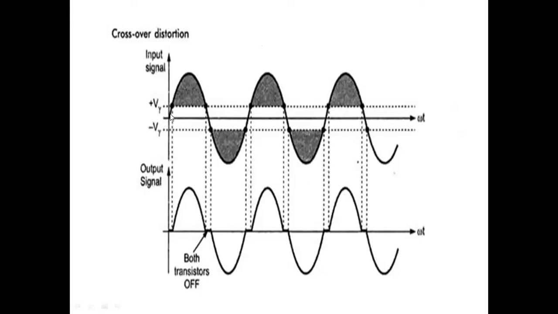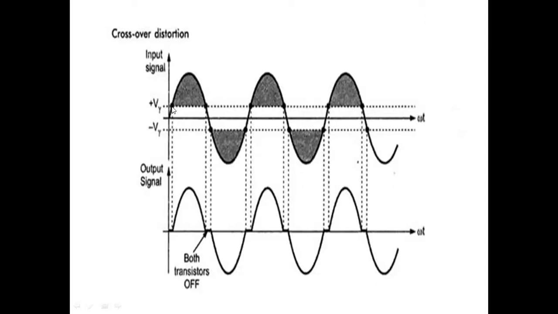This is the positive half cycle, due to the first transistor. Up to this position, there is no output signal. If you observe the figure, up to this position, there is no signal.